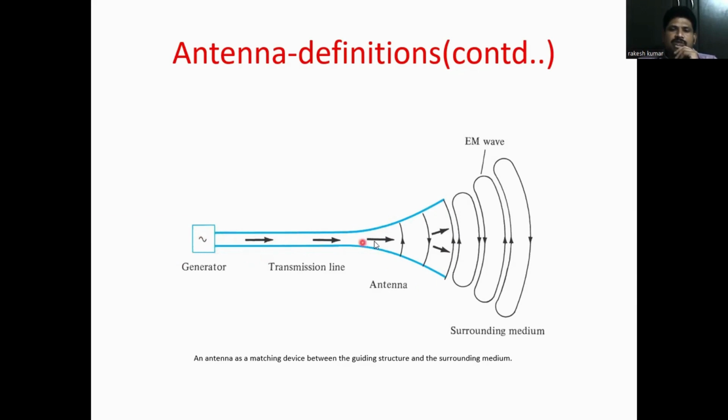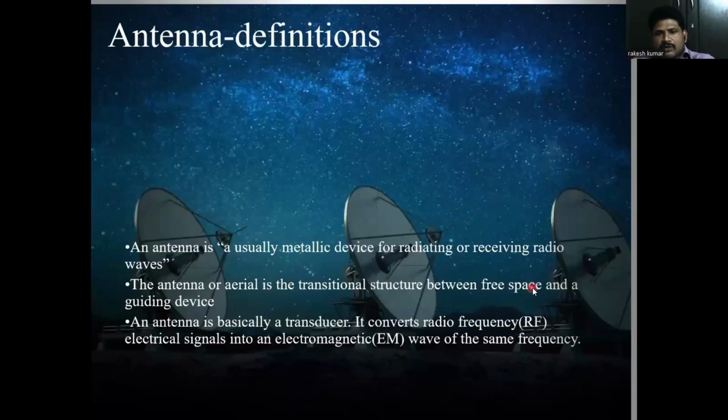So this is the transmission line and this is the antenna, and the wave gets detected from the antenna and radiates into the free space. The antenna is in between the transmission line and free space. So another definition of an antenna is, as we have seen, a transmission structure between free space and guiding device. This is another definition of an antenna.